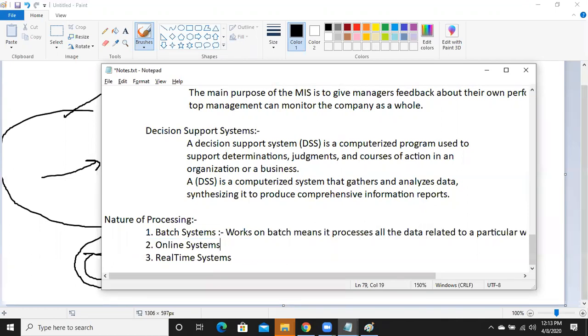Now, the online system. There is a difference between online systems and real-time systems. Real-time systems are those systems which process data when it is generated, just when it is generated, at the time of its origin.